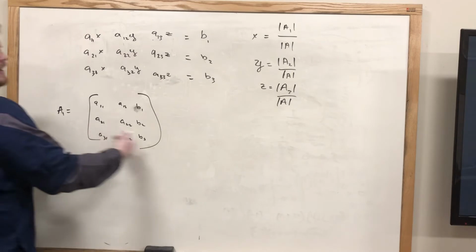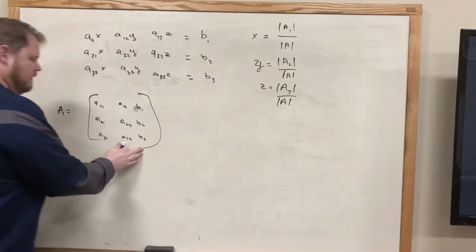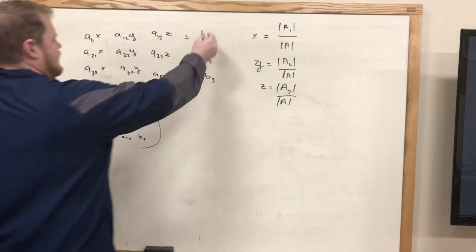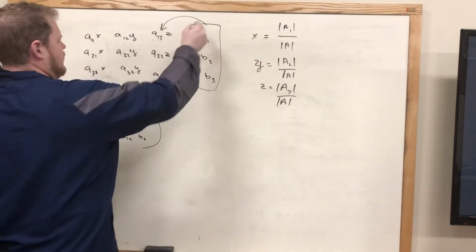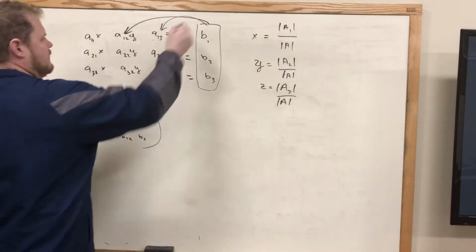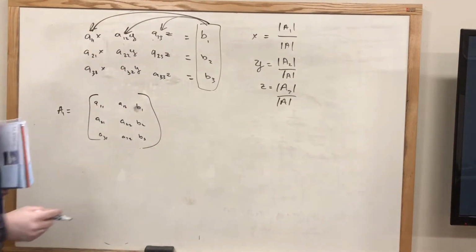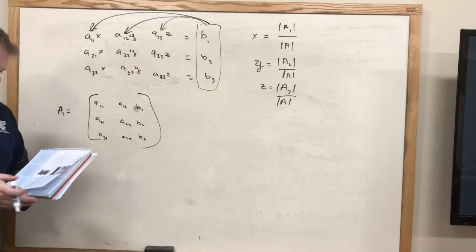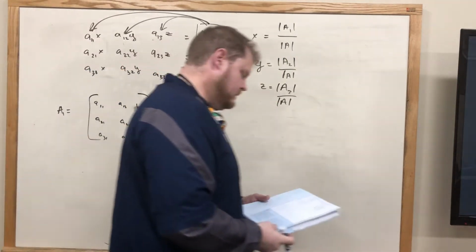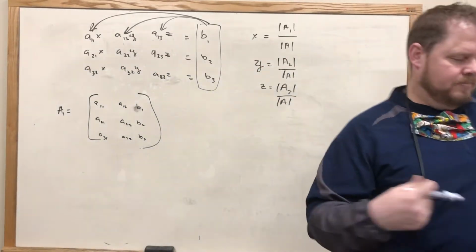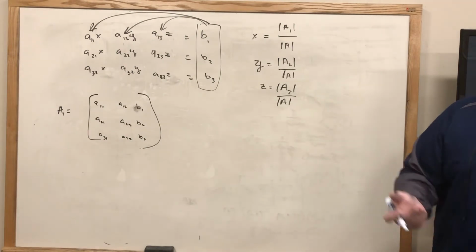Then I would just have to find the determinant of this. For A1 he replaced that column, for the next one he replaced that one, and for the third one he replaced that one. He worked backwards and said, let's see if this works, and he found that it actually solved the problems.